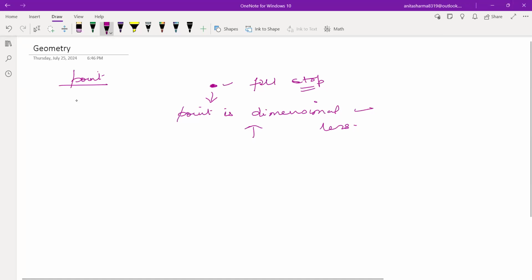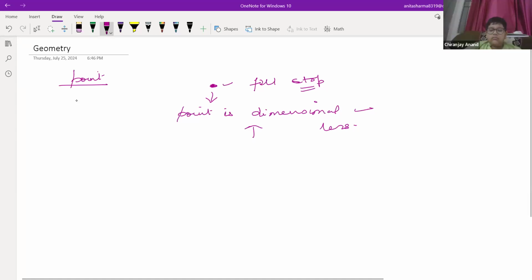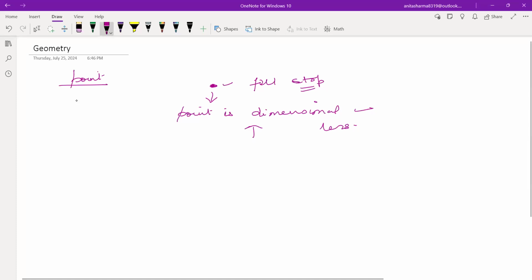Sometimes they say the laptop LED or LCD screen is 32 inches, right? So this is called a dimension. It means its length measurement is given, right, beta?